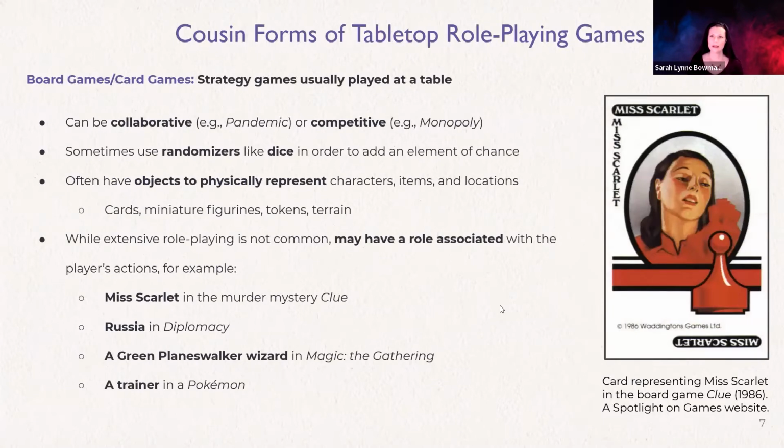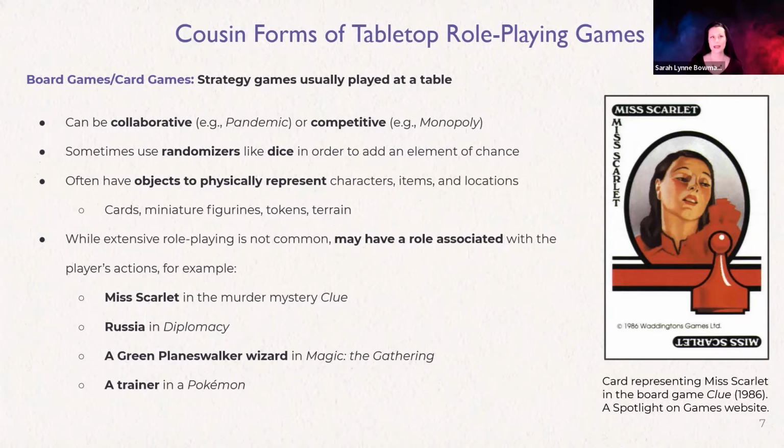I'd like to talk to you next about board games and card games. I'm going to put those under the broader category of board games because I think all of the things I'm about to talk about for the most part apply to both. These are strategy games that are usually played at a table.